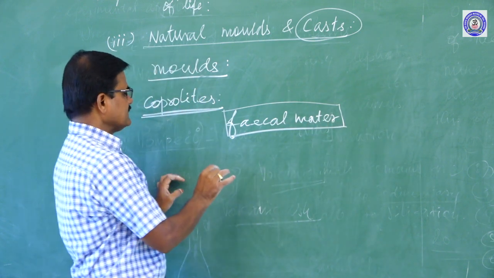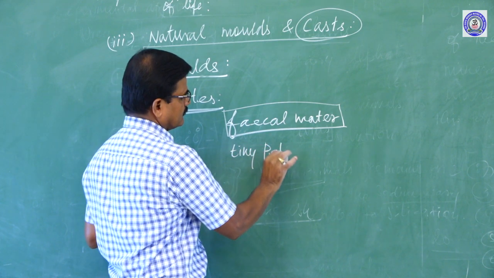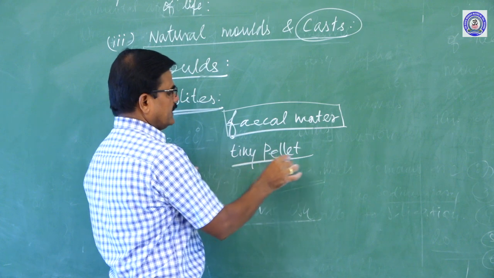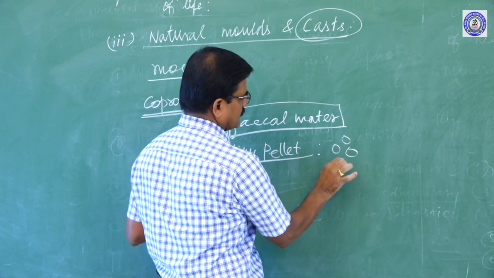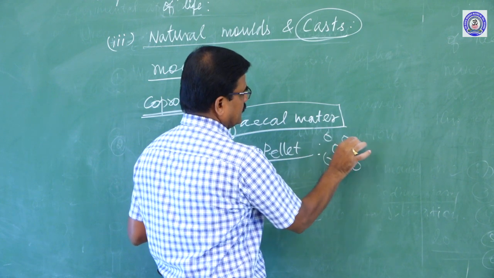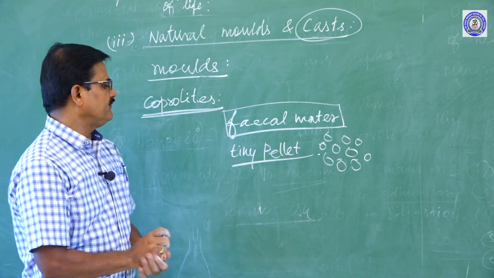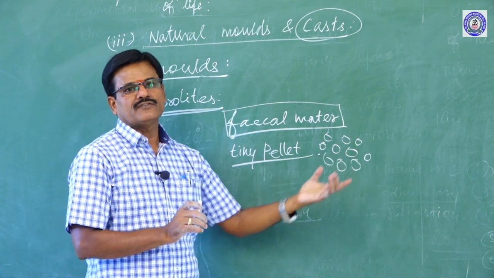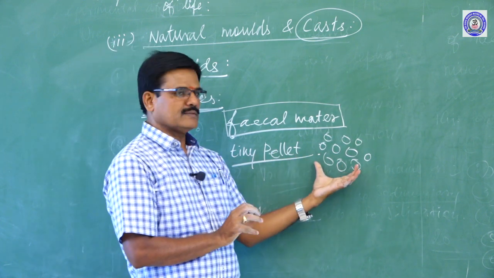It occurs as a tiny pellet, meaning a small pellet like this. It occurs in nature like a tiny pellet. If you analyze this pellet, we can find out the diet of the prehistoric organisms.